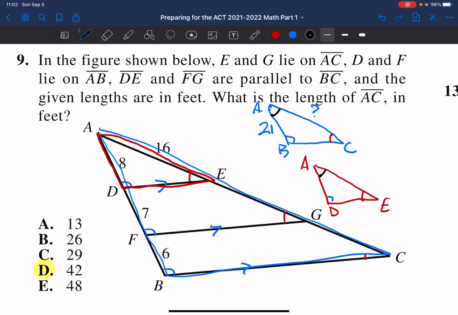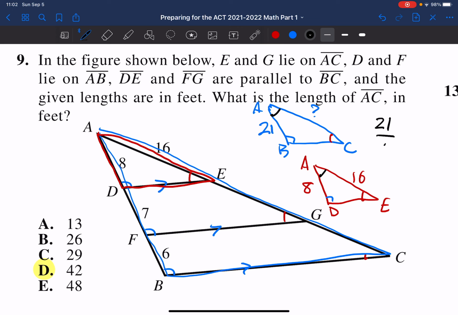So when you have two triangles that have the same angles, one is a blown up version of the other. So the question is, if that's true, then what do I have to multiply by to go from 8 to 21 and then do the same thing to get 16? Well, everything is just proportional when you have similar triangles.